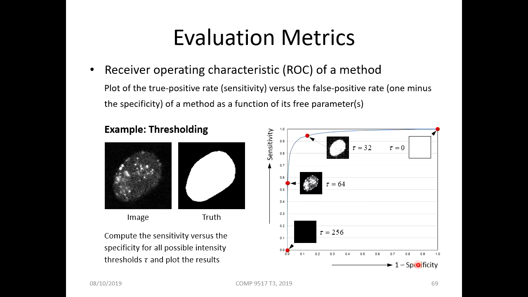So the specificity is 1, and 1 minus specificity is 0. But my sensitivity is 0. So these are the two extremes. And then when you vary the threshold in between these two extremes, you will get different fractions of sensitivity and specificity, meaning different points in this sensitivity-specificity space. And it will create a curve.